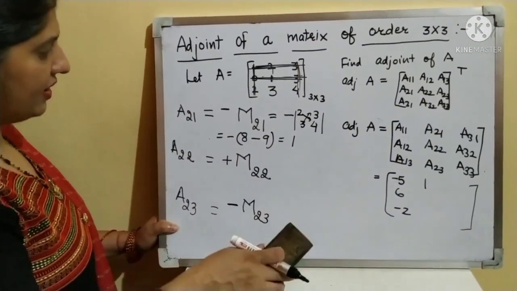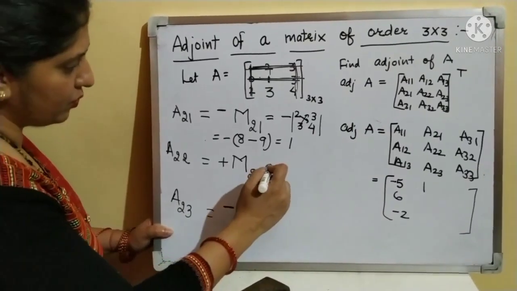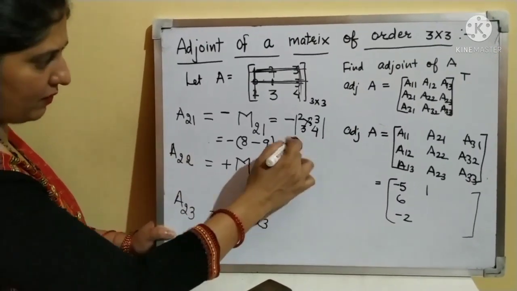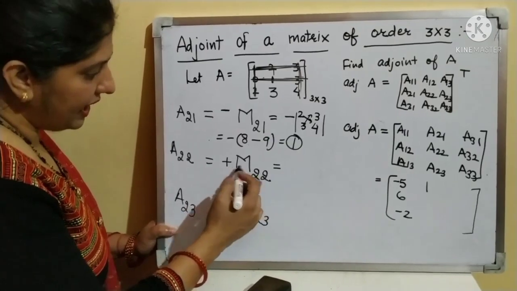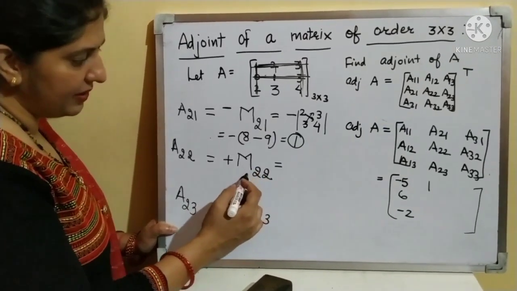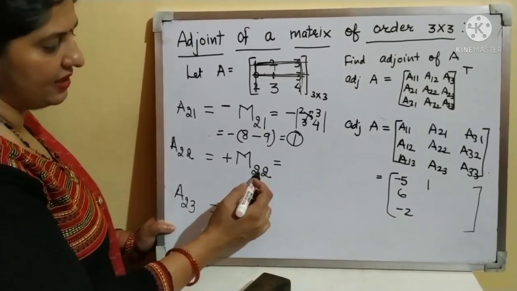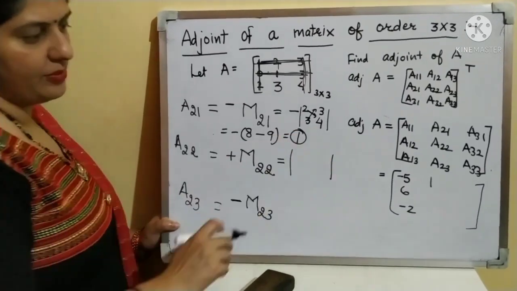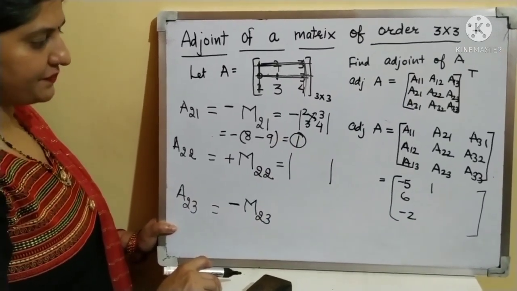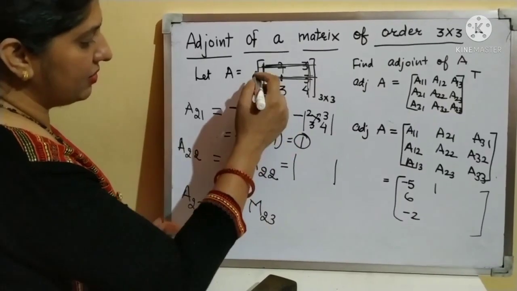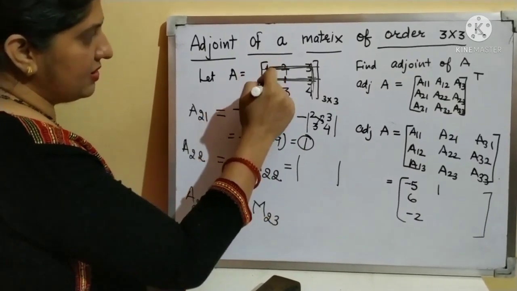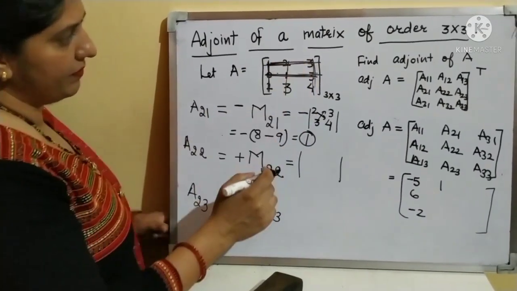In the same way, calculate A22. A22 is equal to the minor of the element that belongs to second row and second column. So just take the determinant of the matrix by deleting second row and second column.